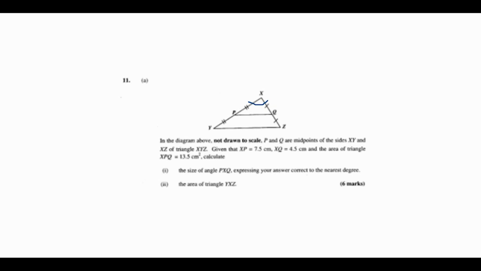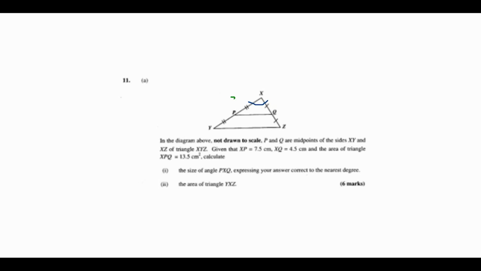Anybody? Which side of the triangle should I label 7.5 centimeters? Between X and P. Sounds like a no-brainer, but it is important for us to always remember these things.